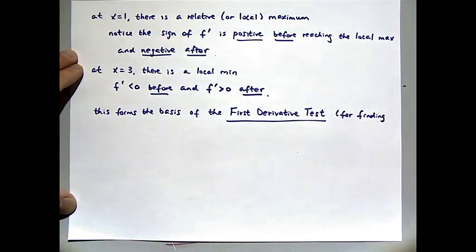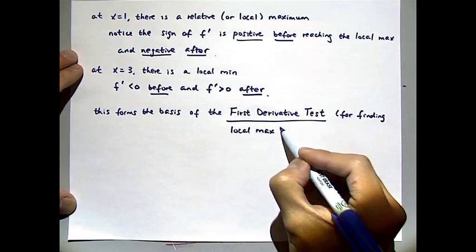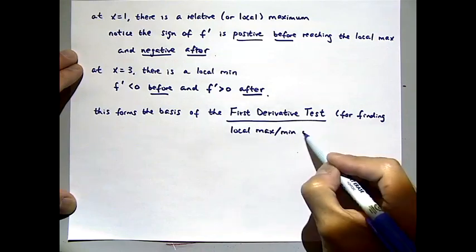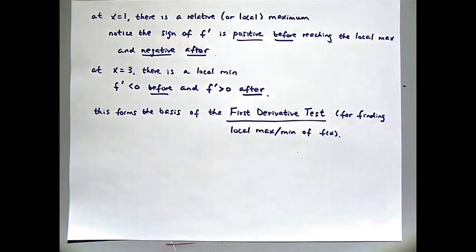So this is for finding local max/min of a function. Okay, so what does this say? First, we've got to find out where they might be. So we look for where the tangent line is horizontal or undefined, like we've covered before.